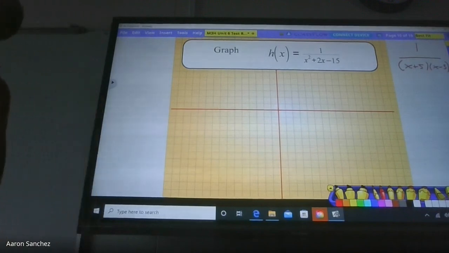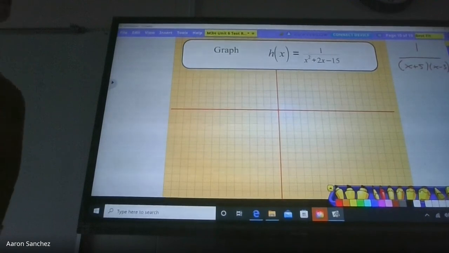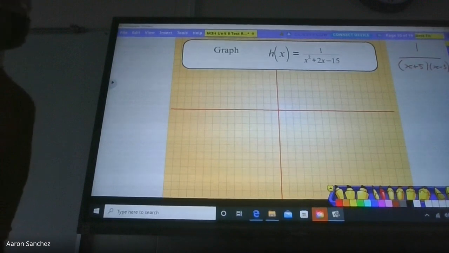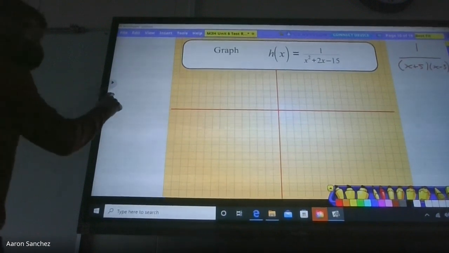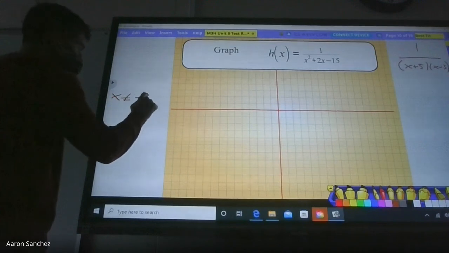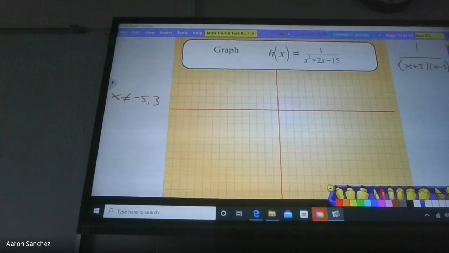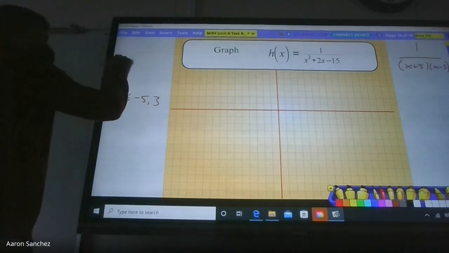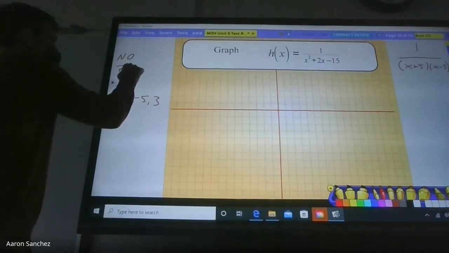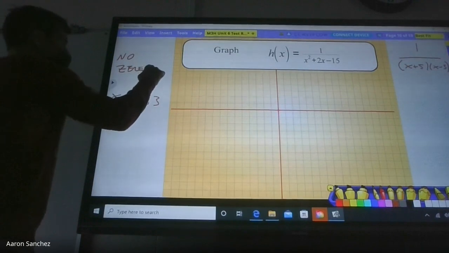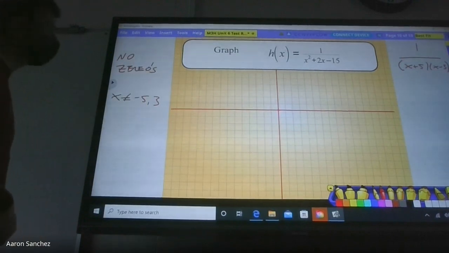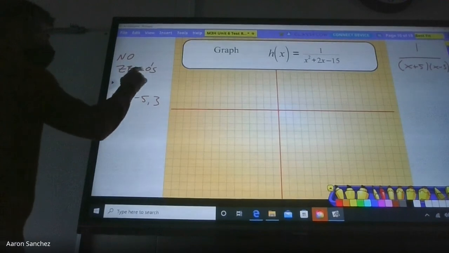All right. What are my zeros? Zero. Negative 5 and 3. Those are my asymptotes. What are my zeros? There are no zeros. There's no x there, right?